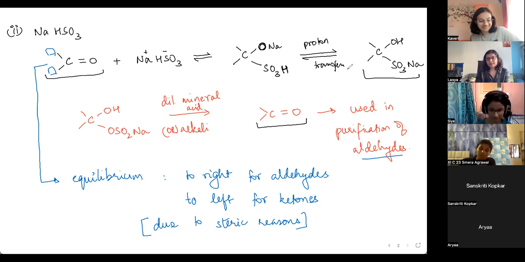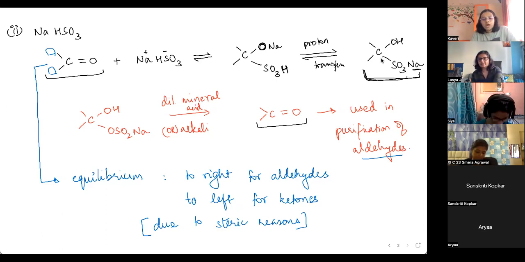Because this is a sodium salt of a sulfonate, this will precipitate out. So you separate out this particular compound, and then you can regenerate your original aldehyde back. Whatever other impurities are there, you won't get them along with that. You can separate this by filtration or crystallization techniques, and get your original thing back.